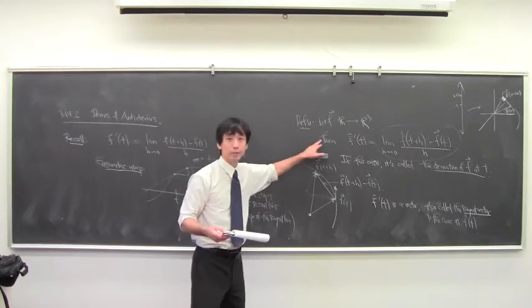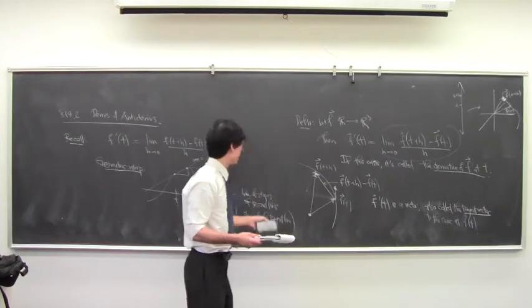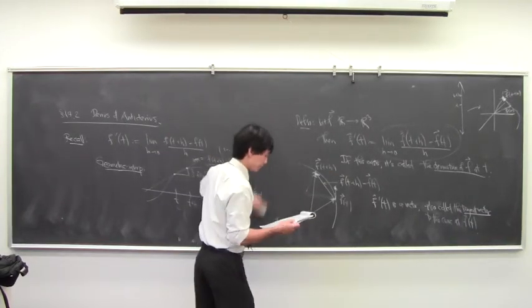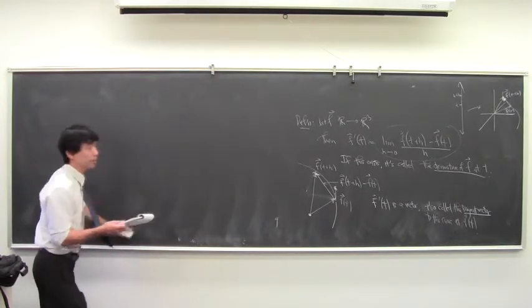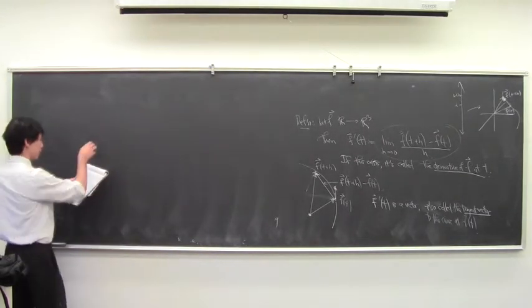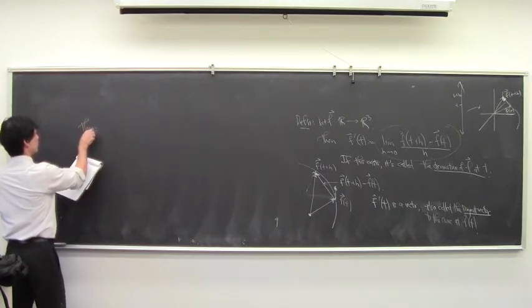So this derivative vector has this geometric interpretation. And what it turns out to be is the following. Theorem.